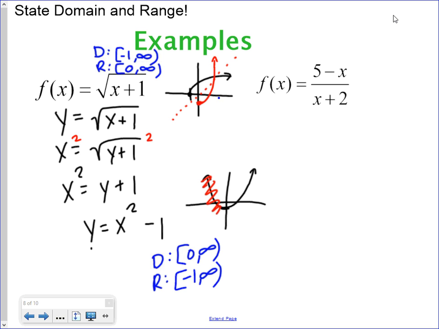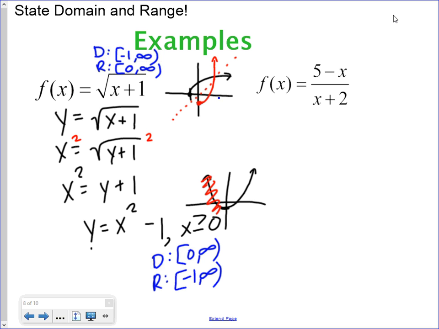Okay. So there's one really important thing you need to do in this case. When the domain of your inverse is different than the domain of the actual inverse function that you have listed, you're going to say for x is greater than or equal to 0. That little statement behind your function is really important.